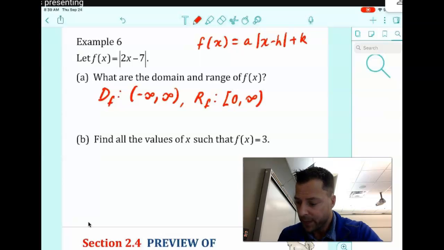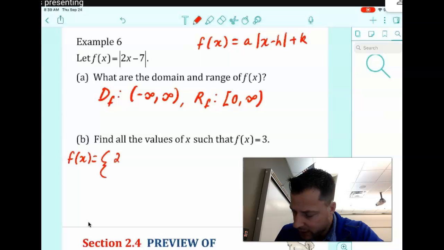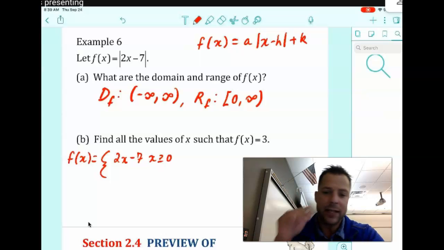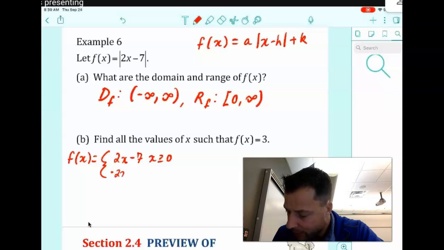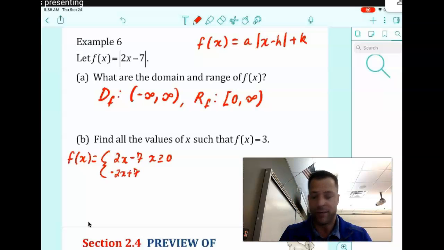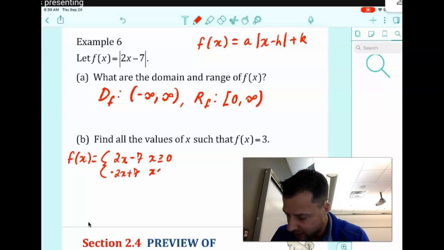Well, number 1, if we think about the absolute value, remember our function, if we rewrote this, we would have 2x minus 7 for x is greater than or equal to 0. But then the bottom one would be the opposite of that. You would think of negative 2x plus 7, the opposite of our entire function, for x is less than 0.